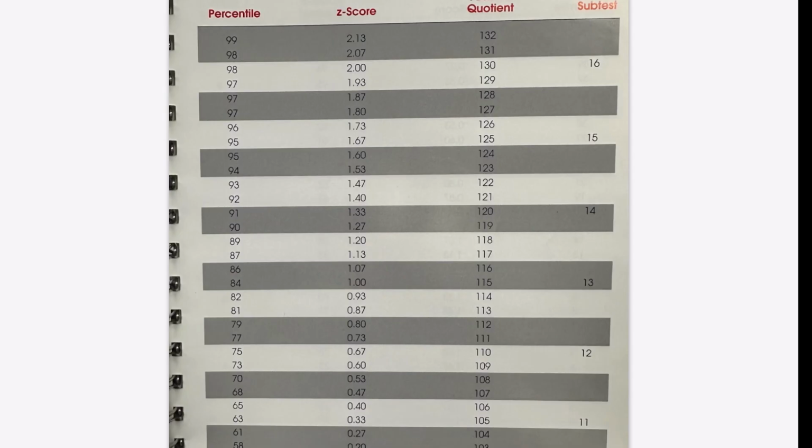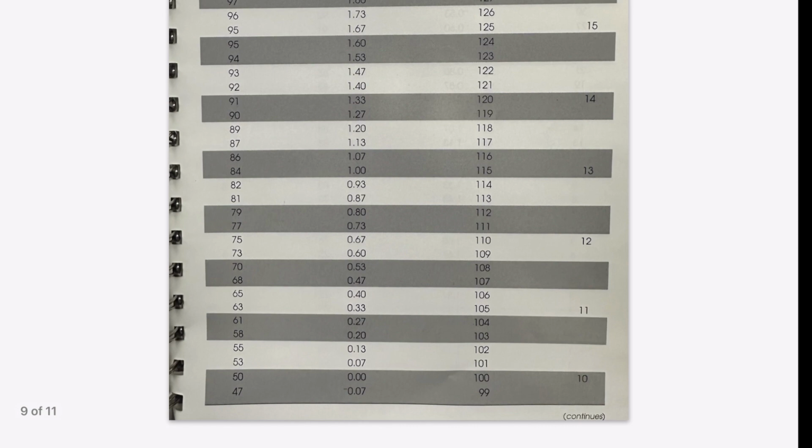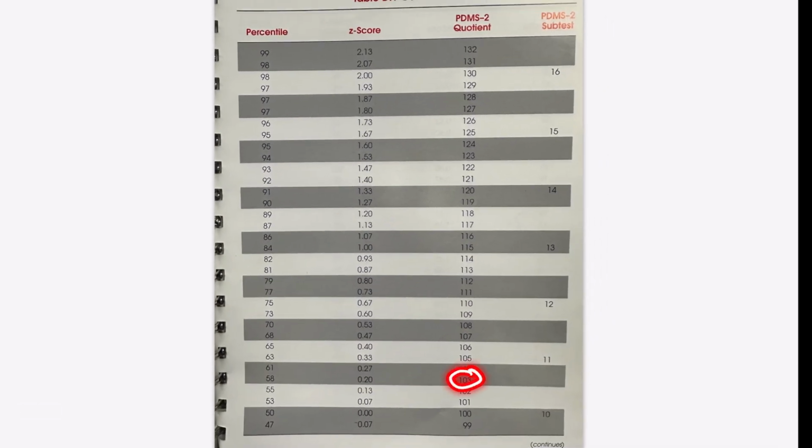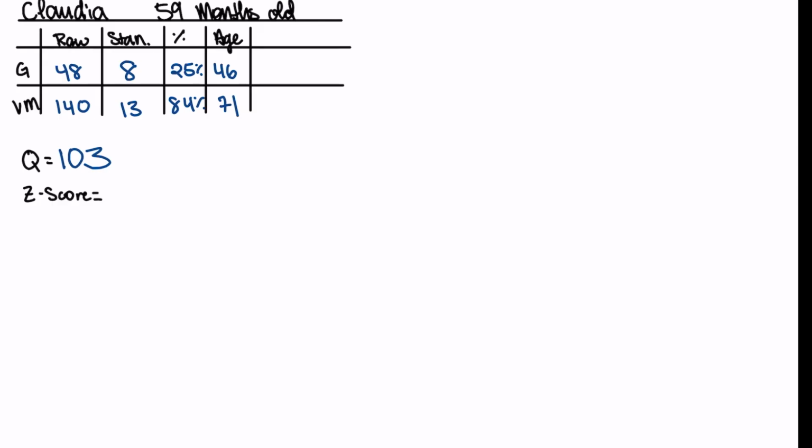Next, we are going to move on to Appendix D to calculate the z-score. So we know that her quotient was 103 when we combined the two standard scores together. And moving to the left, we know that her z-score is 0.20.